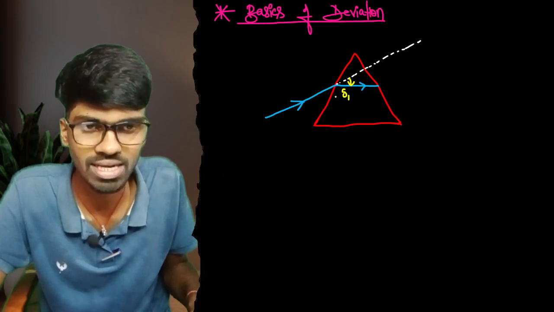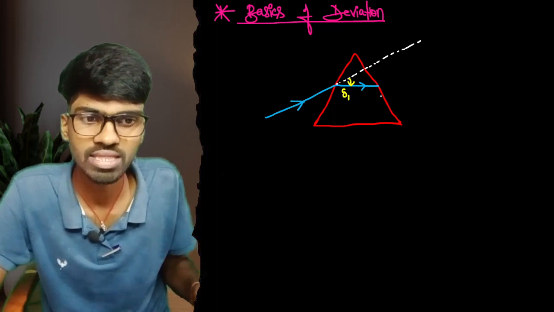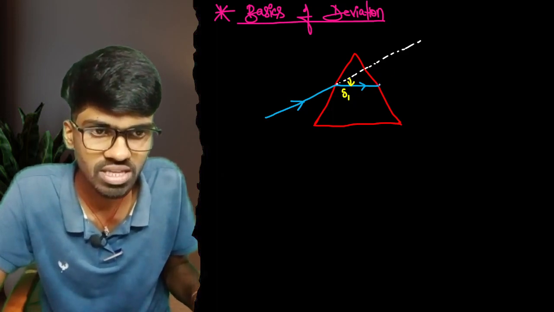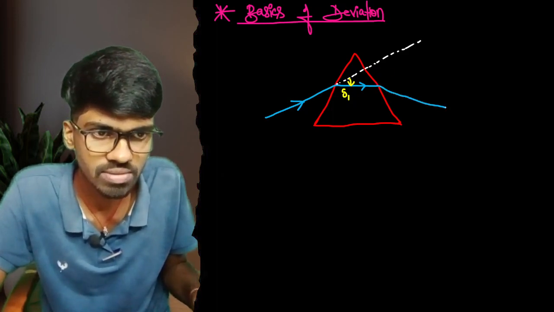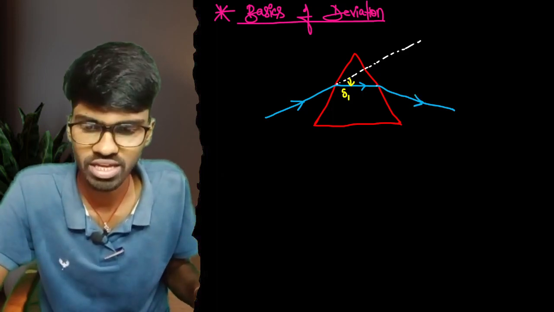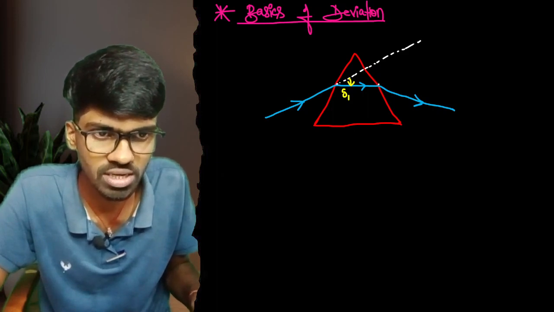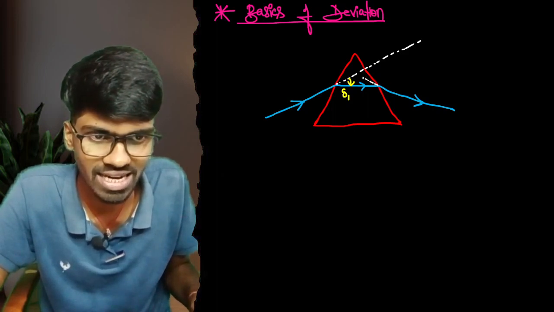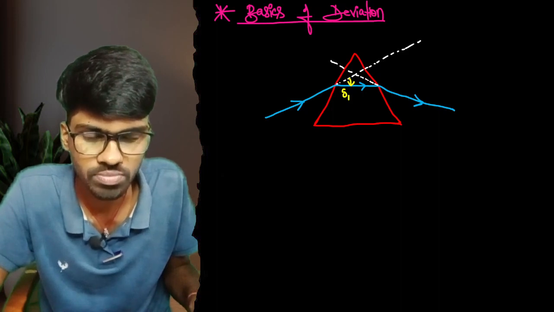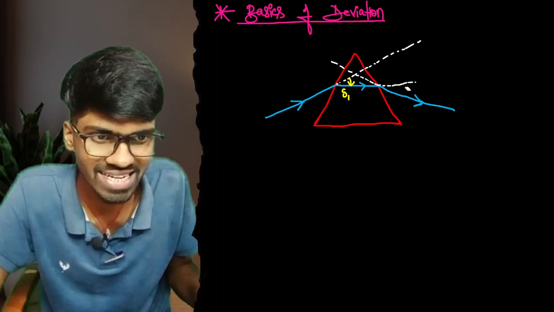Let us name it delta 1. And if we further see its path, what will happen? It will further refract like this and go like this. If we draw the deviation further, let us extend it in the backward direction.